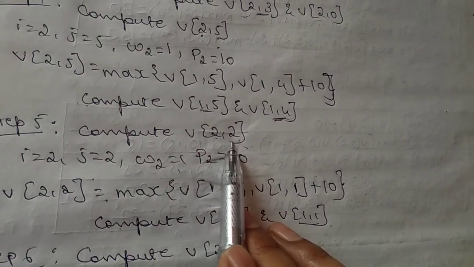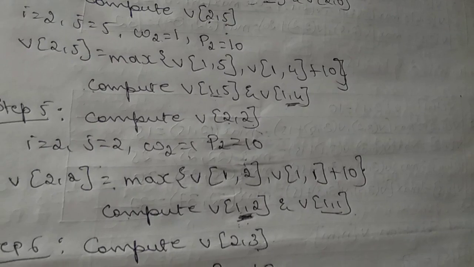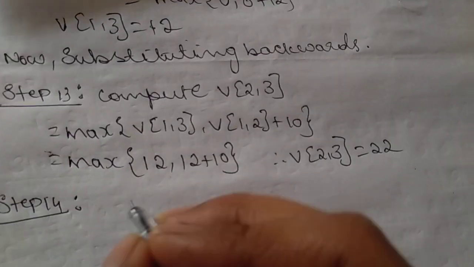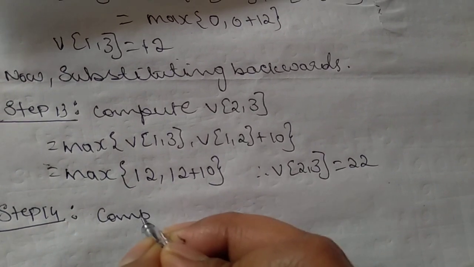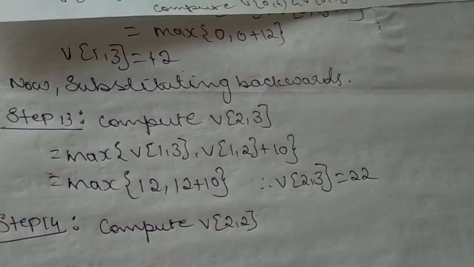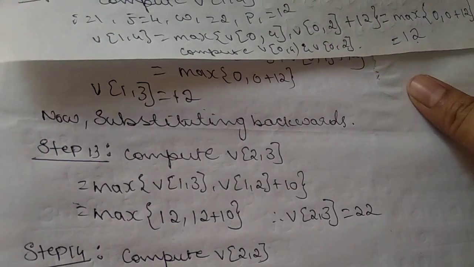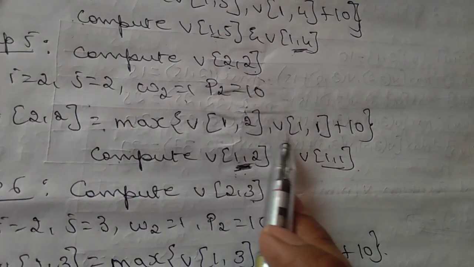Compute v of 2 comma 2. That is, for step 7 you have to compute v of 2 comma 2. What you have in v of 2 comma 2?